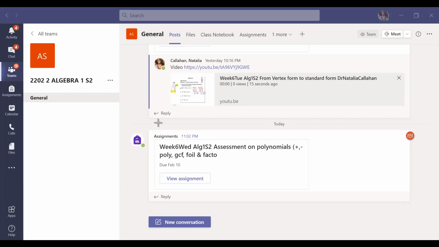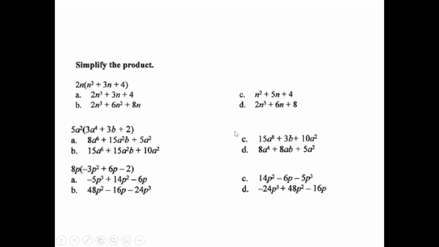Next set of questions involves distribution. So let's take a look at these three here. Let's do this one here. Okay, so what I'm going to do is take this and distribute it here, here, and here.